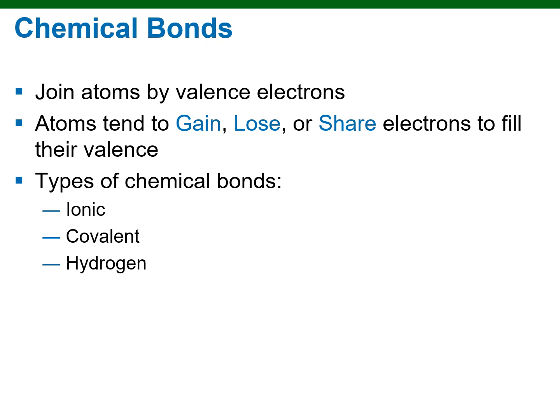When chemical bonds form, it's due to electron configuration rearranging. And so we're going to be taking into account 3 major types of chemical bonds, and those include ionic bonds, covalent bonds, and hydrogen bonds.